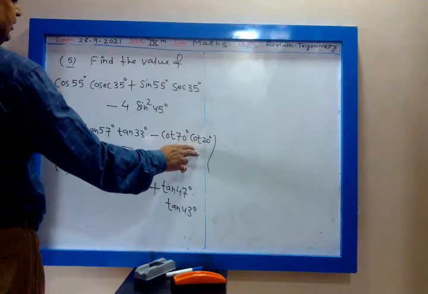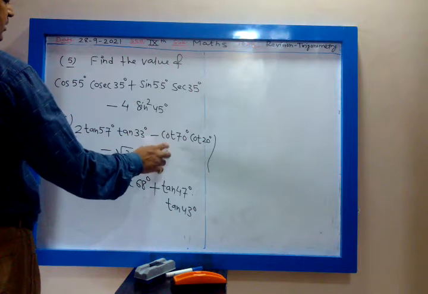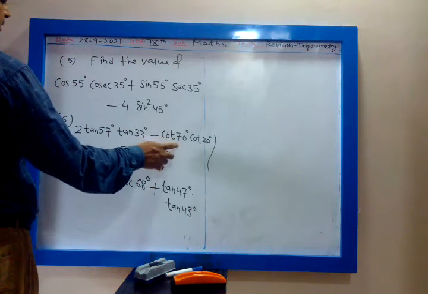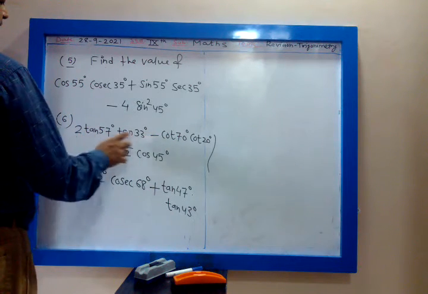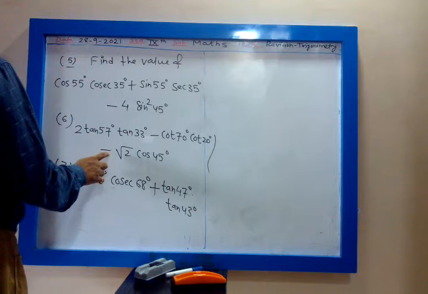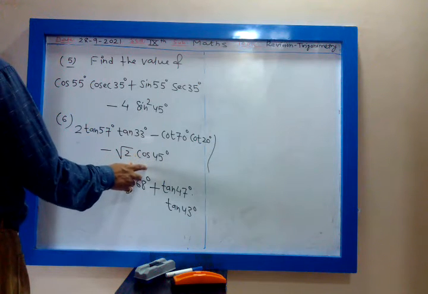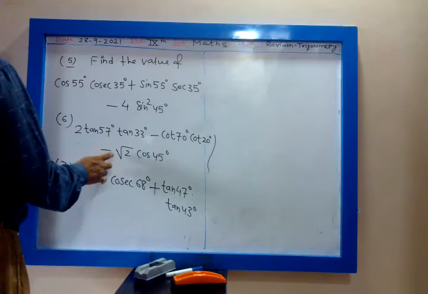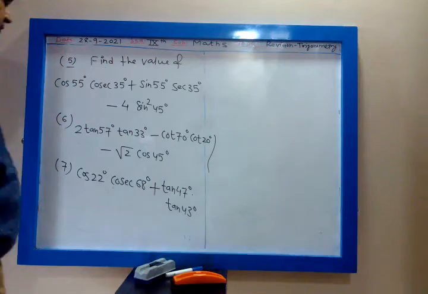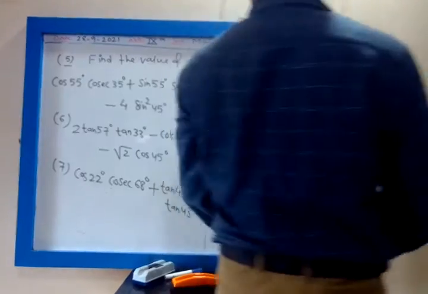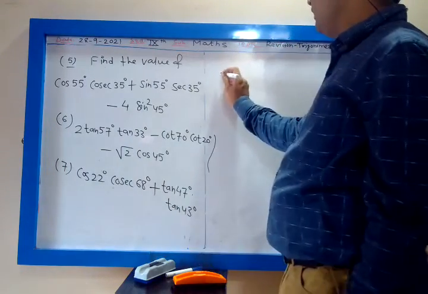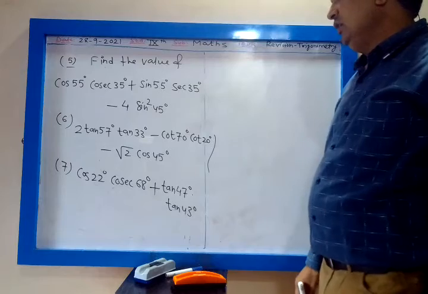Similarly cot 20 degree you can write 1 upon tan 20 degree. Cot and tan complementary angle, this value will be 1. So 2 minus 1, 1 minus root 2 into cos 45, 1 by root 2. Root 2 gets cancelled, 1 minus 1, answer is 0. Chalo, do seventh one. What is the answer?